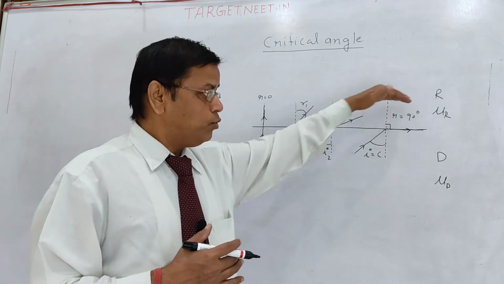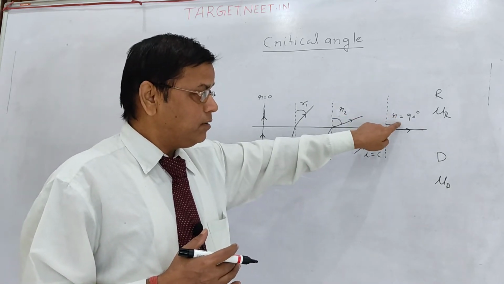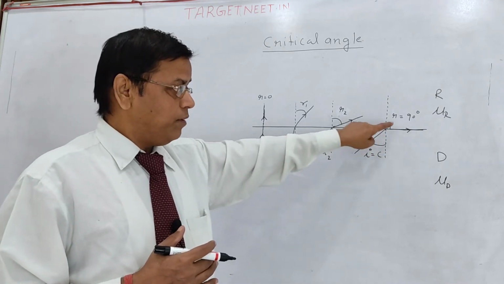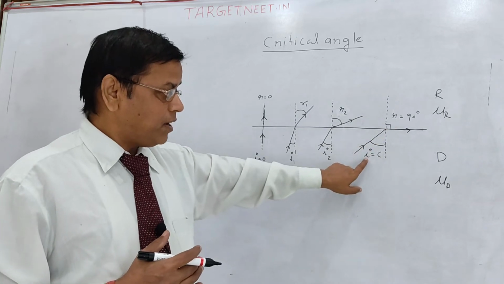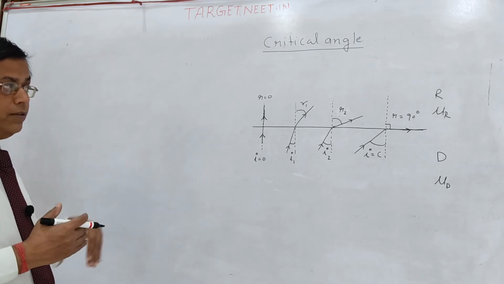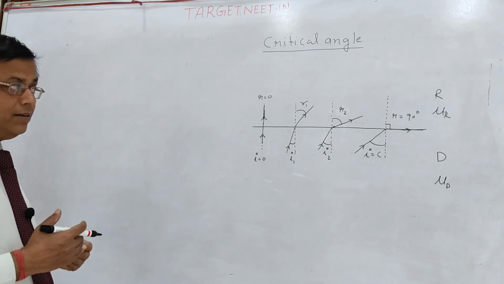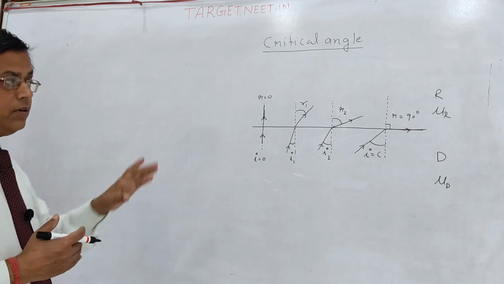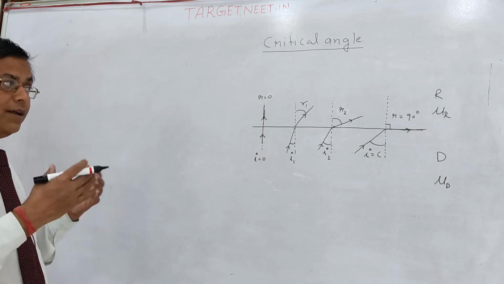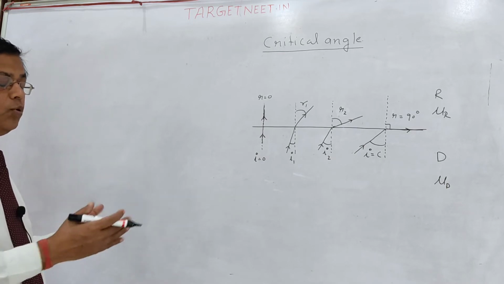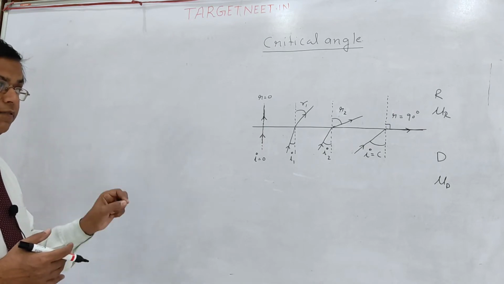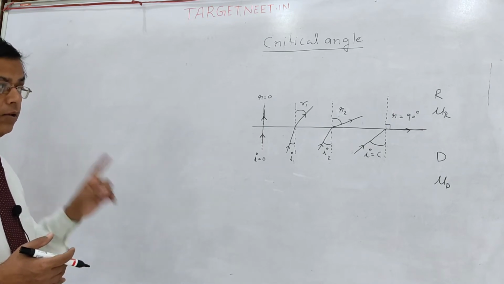When light goes from rarer to denser, I say angle of incidence of 90 degree, or grazing incidence. So if the angle of incidence is 90 degree, the angle of refraction is equal to critical angle. It means when light goes from rarer to denser and the angle in rarer medium is 90 degree, then the angle in denser medium is critical angle. Whenever the angle in rarer medium is 90 degree, whether it is angle of incidence or angle of refraction, the angle in denser medium, whether it is angle of incidence or angle of refraction, is called critical angle.